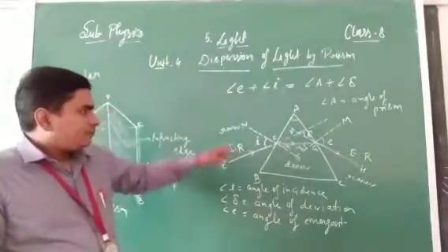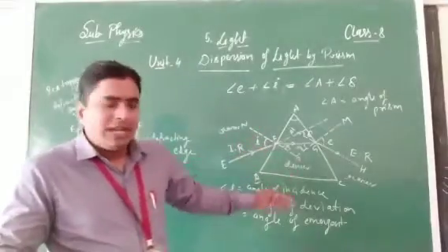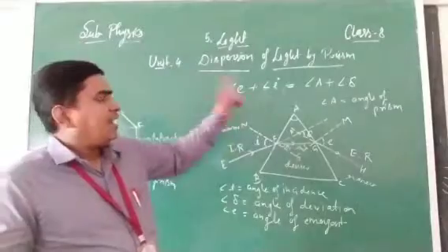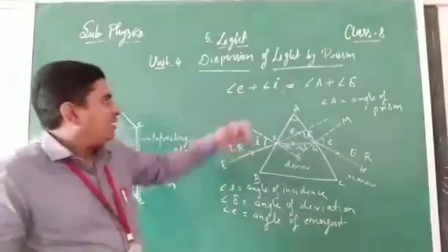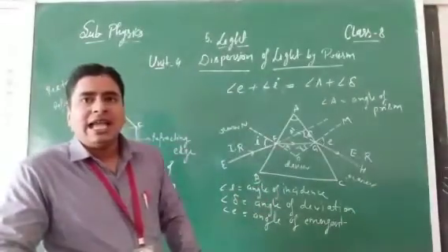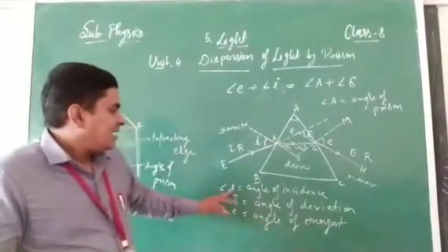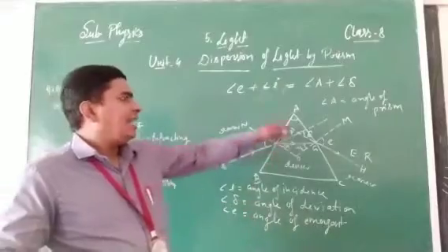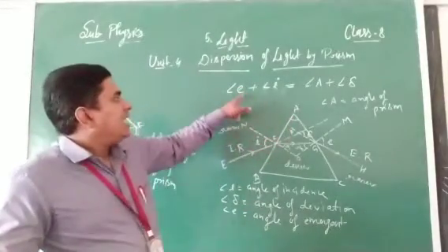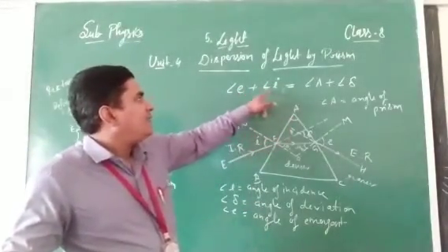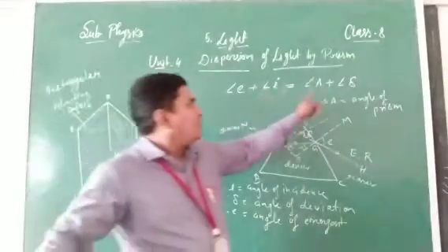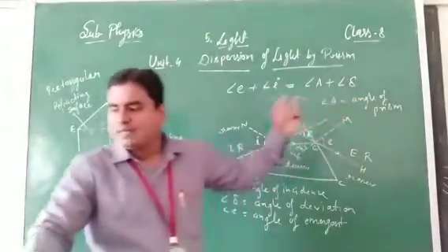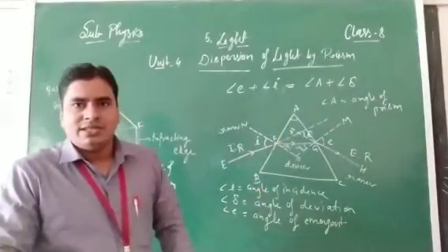So we will calculate the values of I, del, E and A. Then we will give a relation between all four angles: angle of incidence, angle of deviation, angle of emergence, and angle of prism. I plus E, angle of incidence plus angle of emergence, is equal to angle of prism plus angle of deviation. Angle of prism plus angle of deviation.